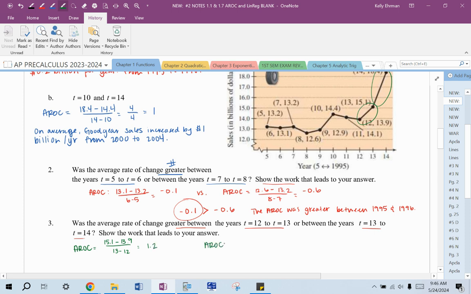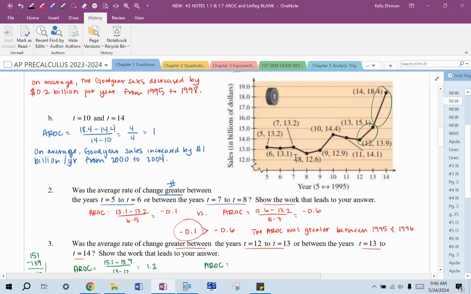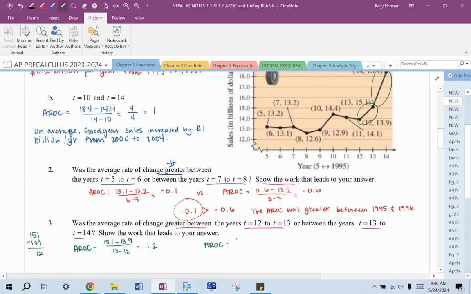And our other average rate of change, by the way, if you didn't have a calculator, I like to think of these as, what's 151 minus 139? Figure that out. And then toss in the decimals at the end, just FYI. Okay, so then for this one, let's see, going 18.4 to 15.1 from 13 to 12. So that's going to be 3.3.